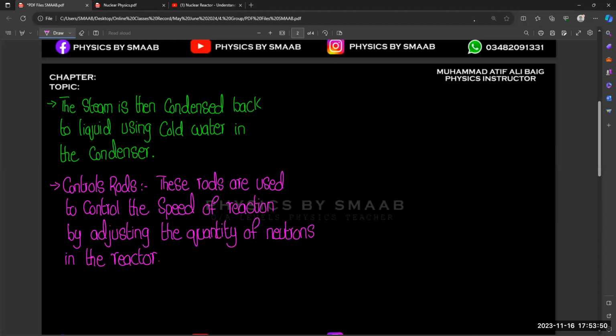No, sir. And let's suppose in the exam they ask about the moderator also, what is the role of the moderator in the nuclear power plant. Basically, this moderator will also help you to slow down the neutrons in the nuclear reactor.